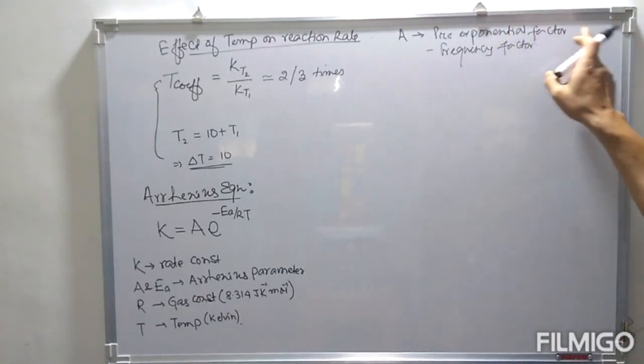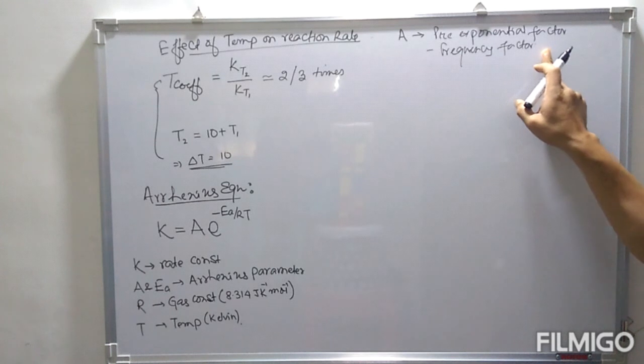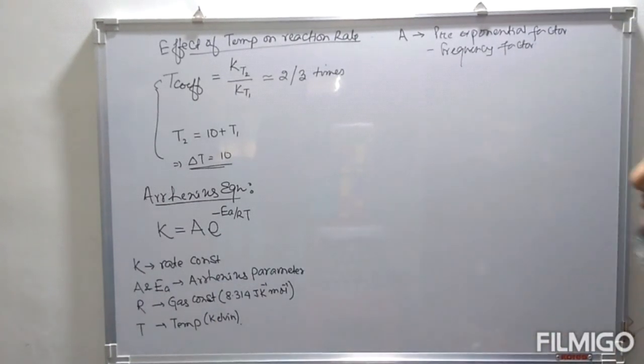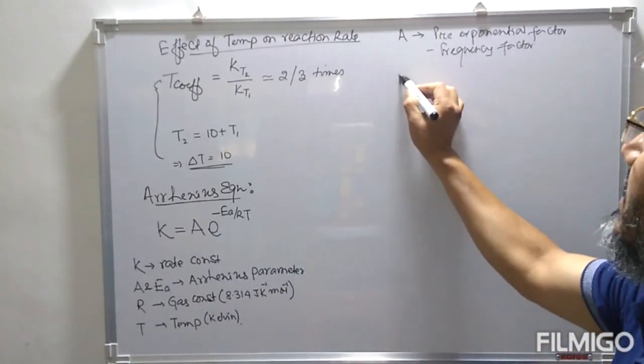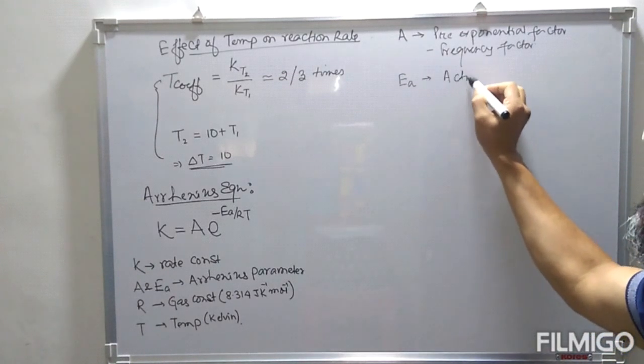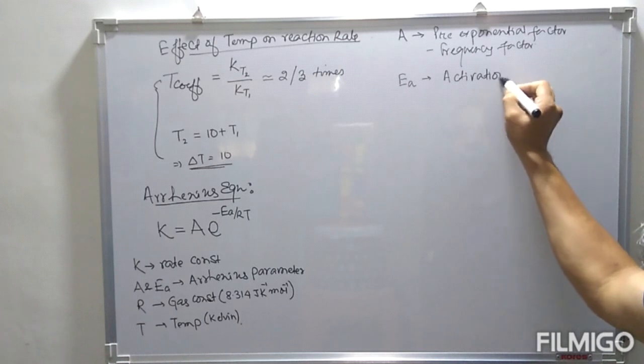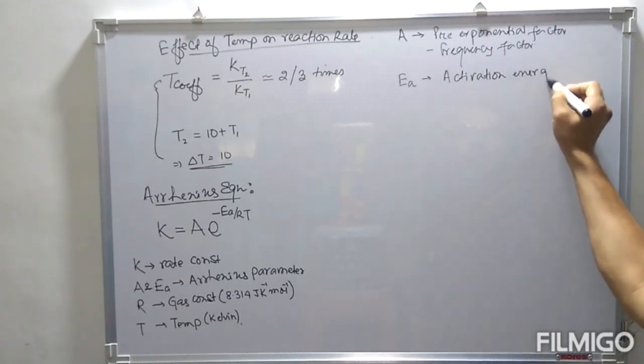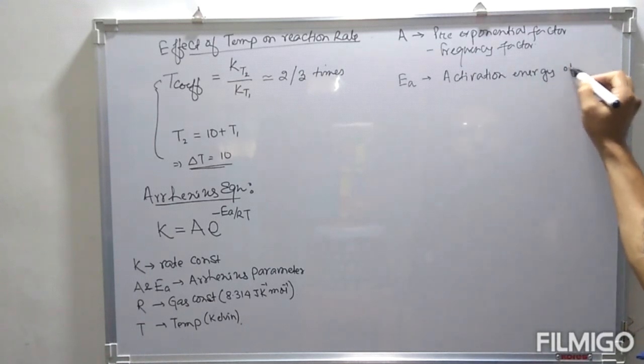So we have the pre-exponential factor or frequency factor, or simply Arrhenius parameter A. EA is known as the activation energy of the reaction.